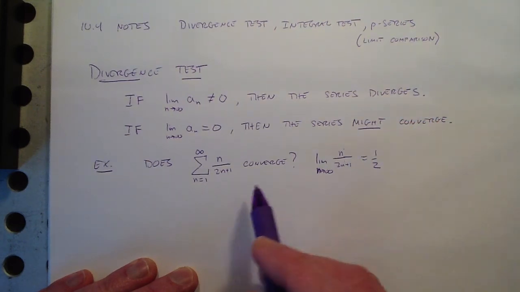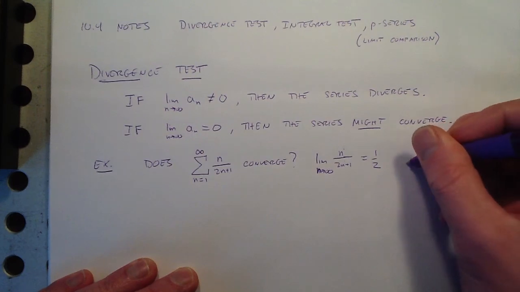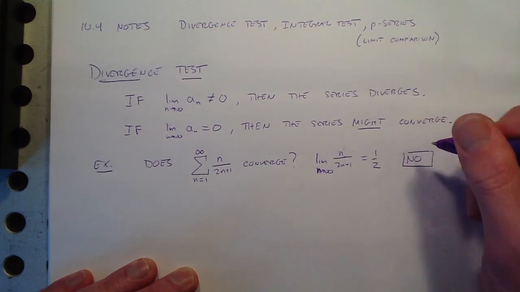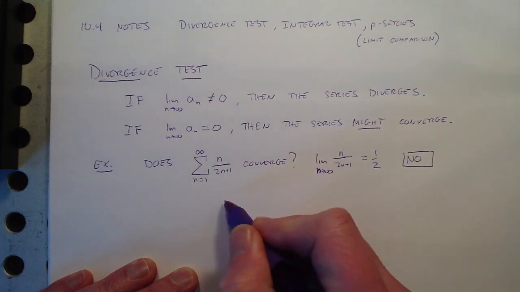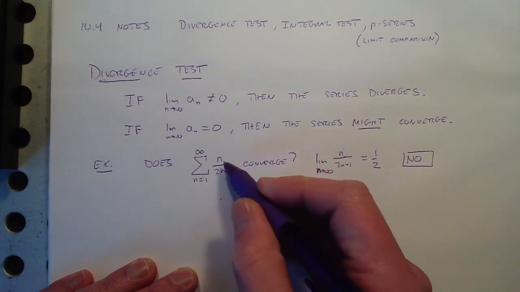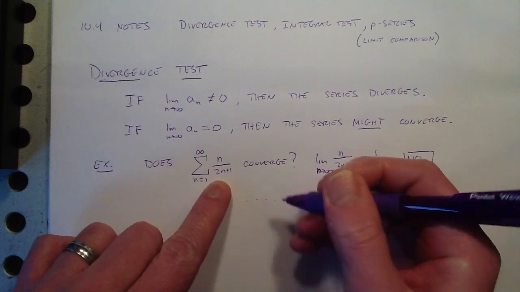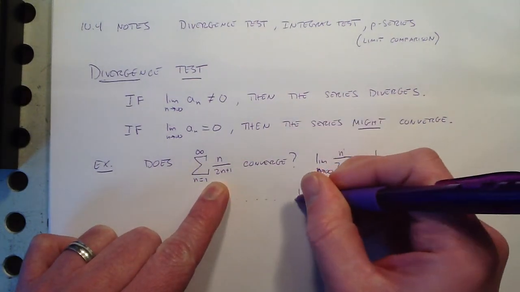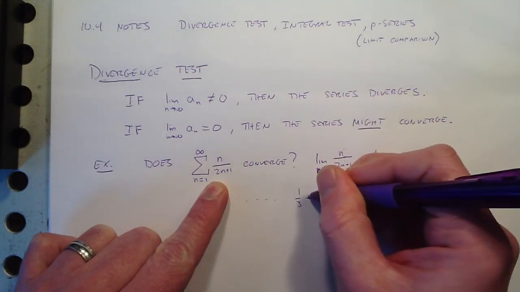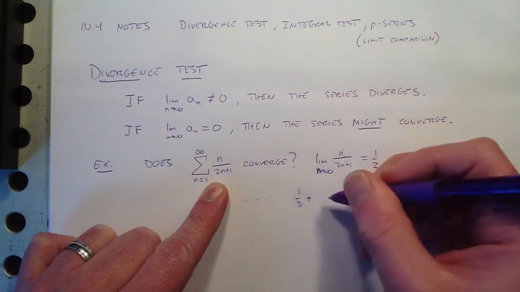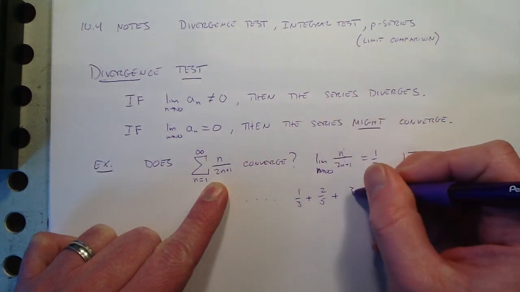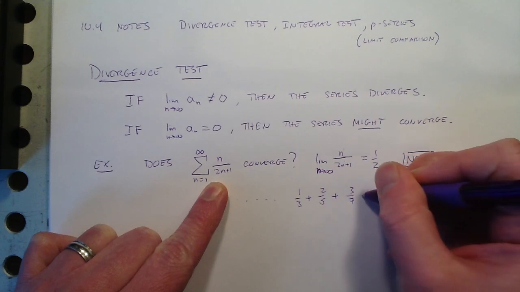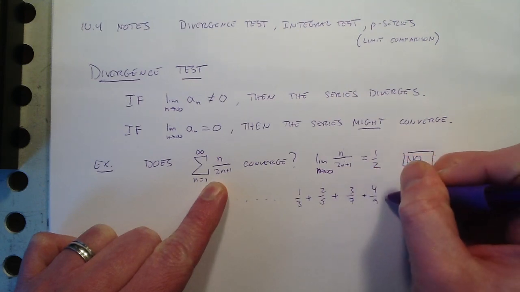This series cannot possibly converge because the terms are approaching 1/2. We could write some of the terms out. When you plug in 1, you get 1/3, plus when you plug in 2, you get 2/5, plus 3/7, 4/9, and so on.